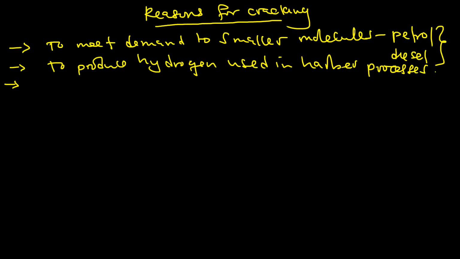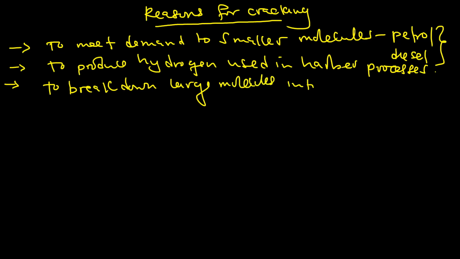Then the other thing is just to break down large molecules into smaller ones. Okay, that is the reason for cracking. I hope we are together up to this point. There's no problem up to this point.